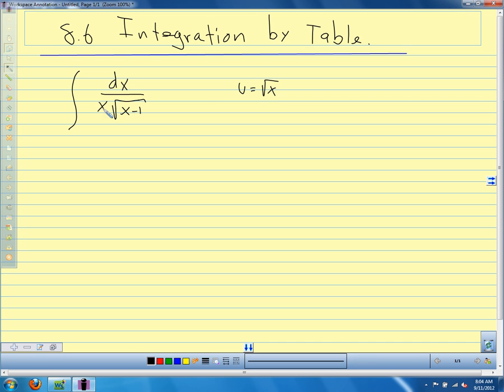But if we saw this integral and we were stumped, I'm going to look in the table. You notice in your table it has different forms, forms involving various things. I'm looking at formula number 17, which is exactly the form of our integral.